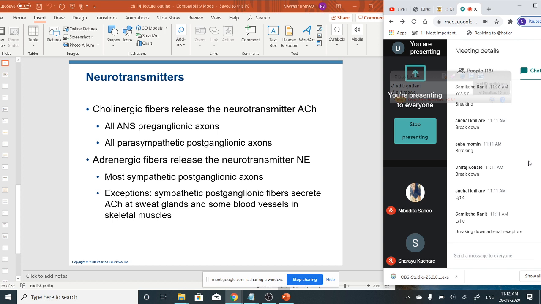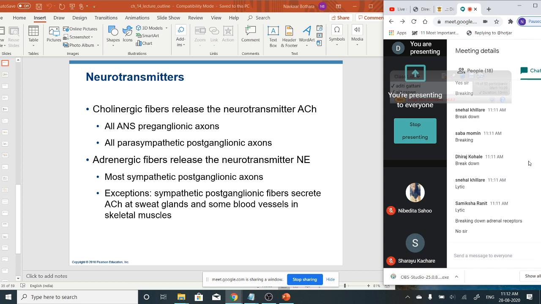रिसेप्टर को ब्रेक करना जरूरी है, इज इट नेसेसरी? Simply what you want is stop the action, is a breaking. Okay, who will stop the action?